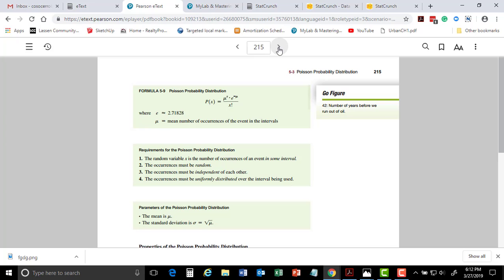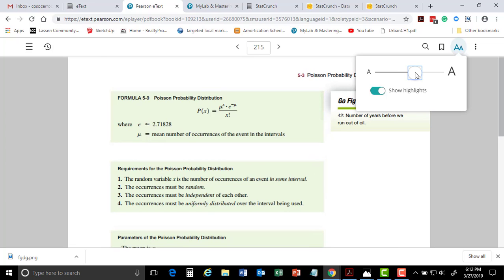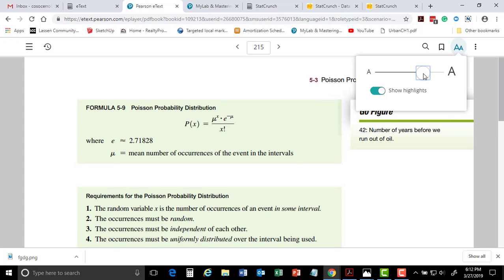You need to get this down. Now this is the equation for Poisson. Let me make it bigger. It doesn't seem like you can see very well. Can you see it? Okay.